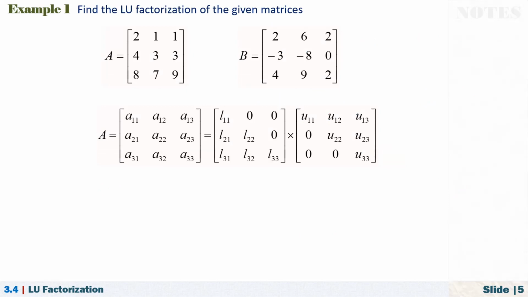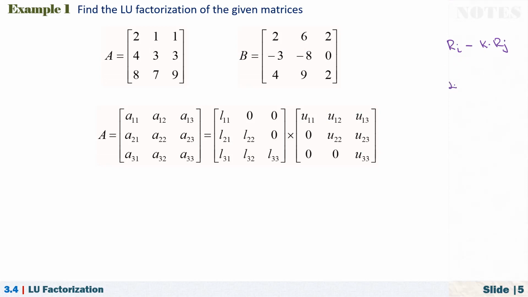So, find the LU factorization of the given matrices. Okay, so again, now I'm going to do this in a very, very simple way. That simple way is, if you are performing, let's say, Ri minus K times Rj, then in the new matrix, it is a lower triangular matrix in a way.